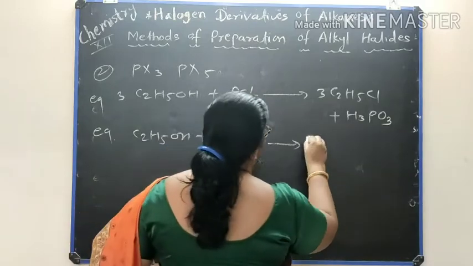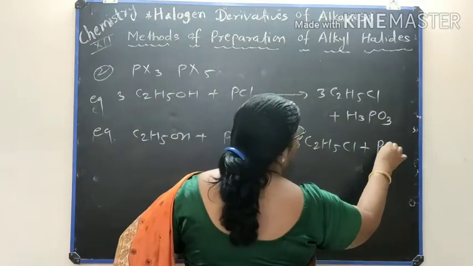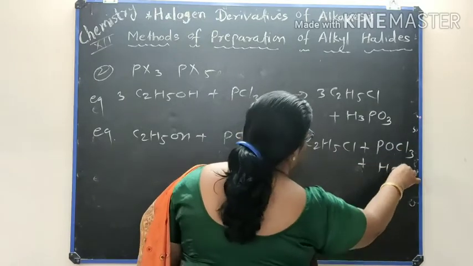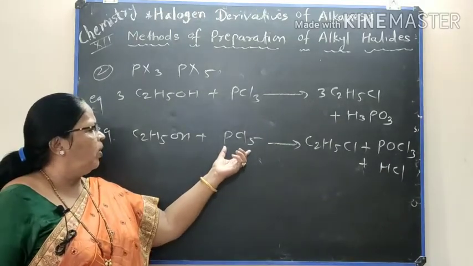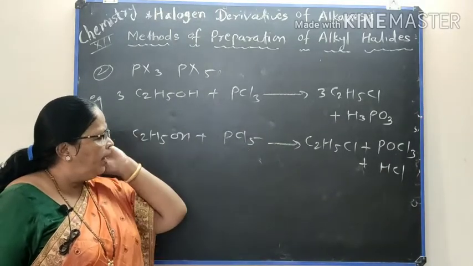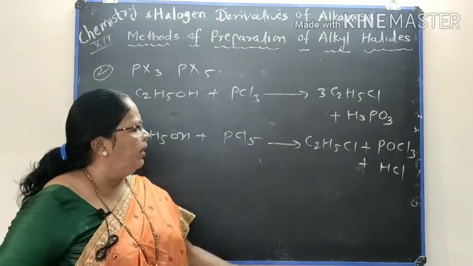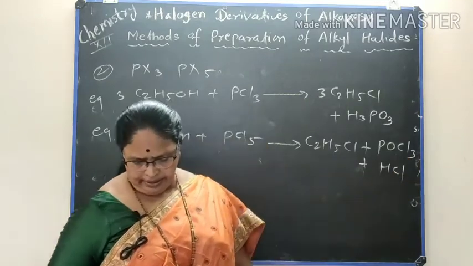Here you will get C2H5Cl plus POCl3 plus HCl. That means ethyl alcohol is treated with phosphorus pentachloride. It gives ethyl chloride, phosphorus oxytrichloride, that is also called as phosphoryl chloride, and HCl.